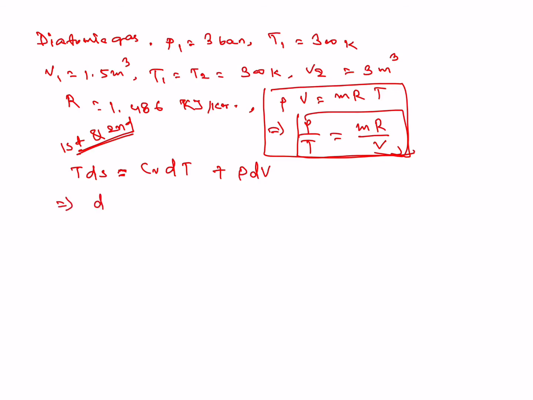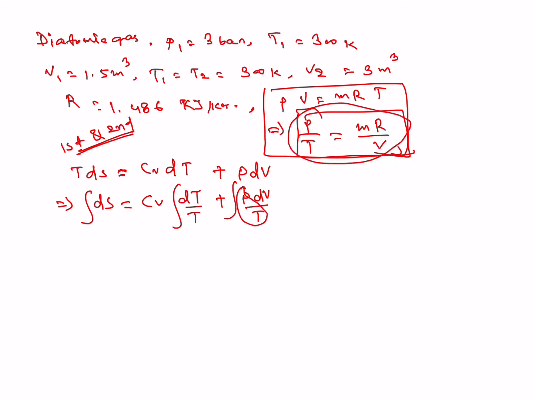Then ds, we will integrate: Cv dT by T plus P dV by T. P by T you have to get from this relation.